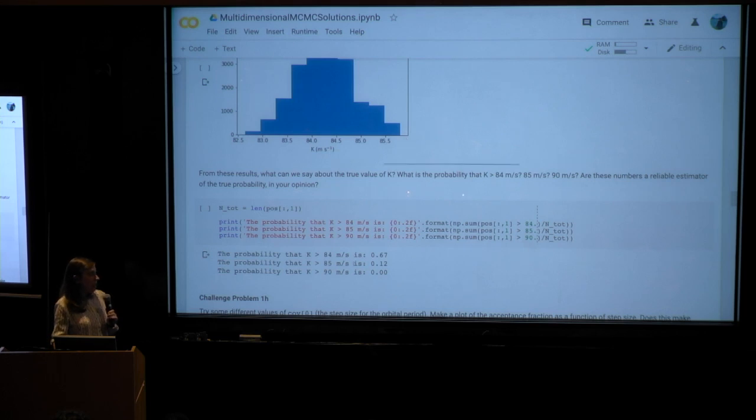We do have some information that 90 isn't very likely, but we would have to do a more in-depth sampling around that region in order to actually get a super believable answer to this particular question.